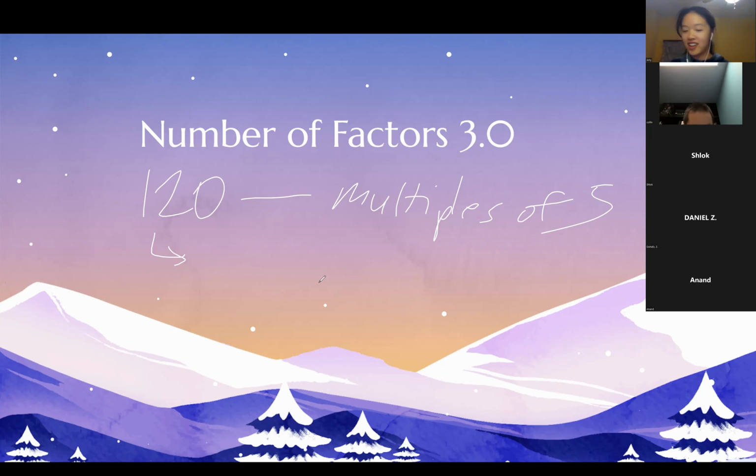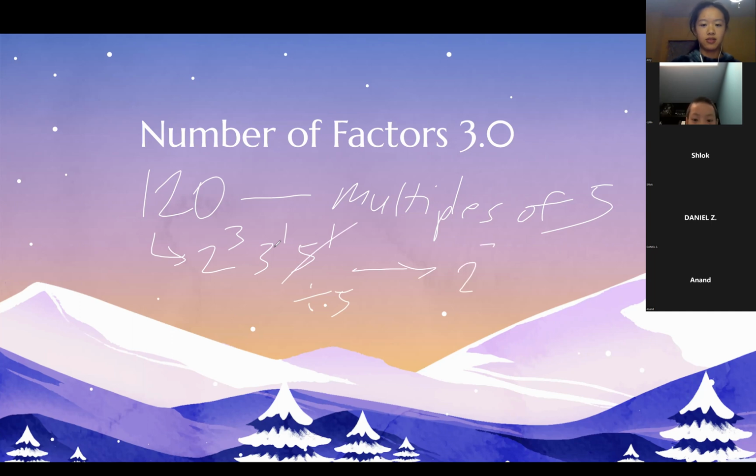Yep, that's the ladybug. Anyways, so first step, get the prime factorization of 120. So that's 2 cubed times 3 to the first power times 5 to the first power. And because we want to guarantee that the factors are divisible by 5, we're just going to divide this by 5. So this takes out the 5.